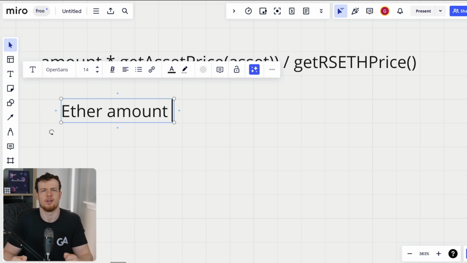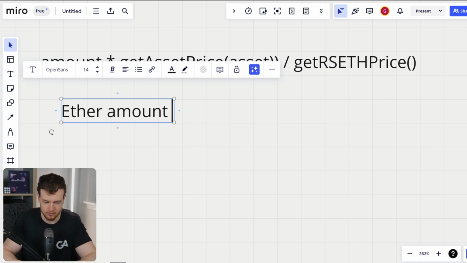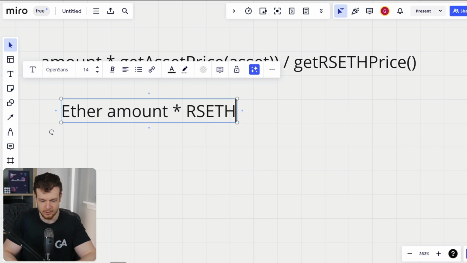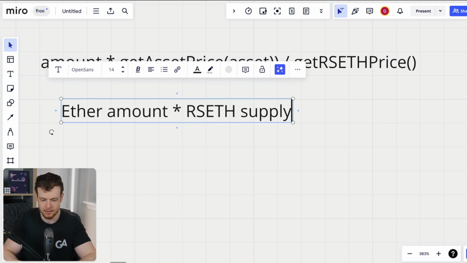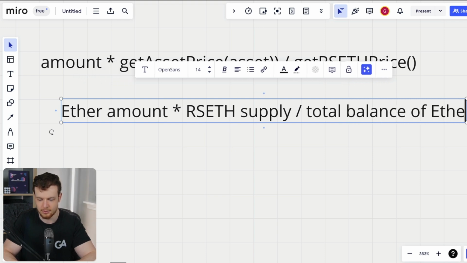Well, what is RS ETH price? It is dollars, or in this case, Ether per RS ETH, and we're dividing by that. So if we switch those, because this is currently in the denominator, then we are multiplying by RS ETH per Ether. So this is like the RS ETH supply divided by the total balance of Ether, right?